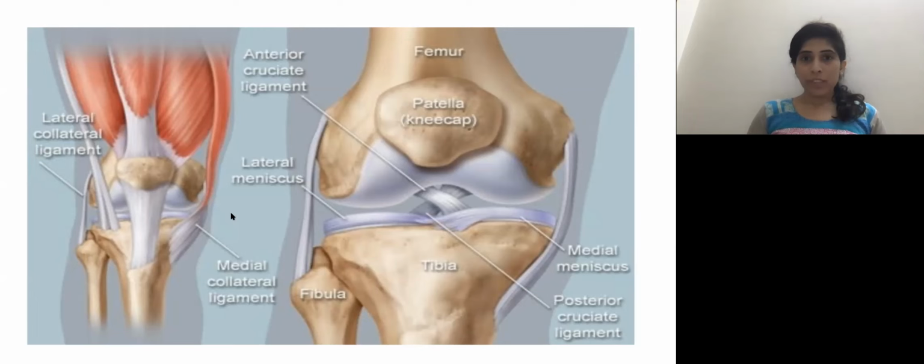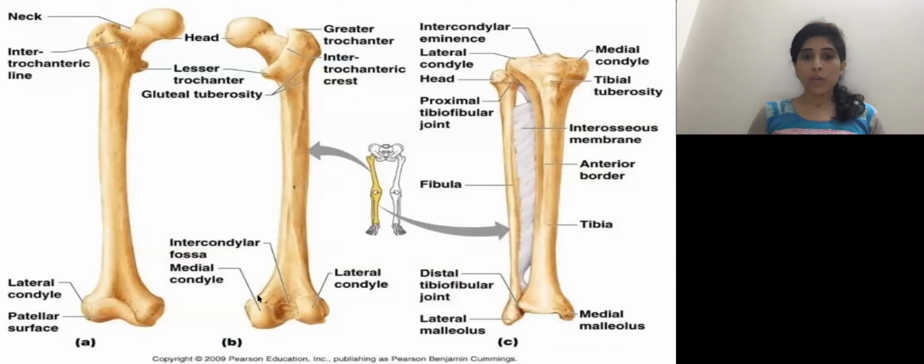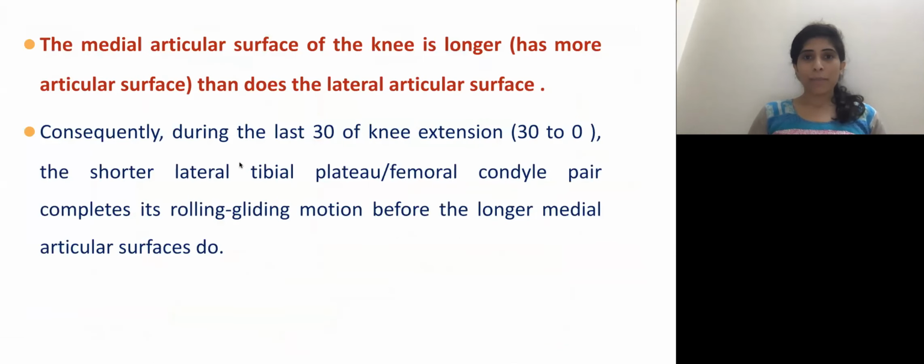And apart from this, we have menisci, that is the medial meniscus and lateral meniscus. So here you all can see this medial condyle is larger than the lateral condyle. So as a result, what will happen? That we'll see in the coming slides.